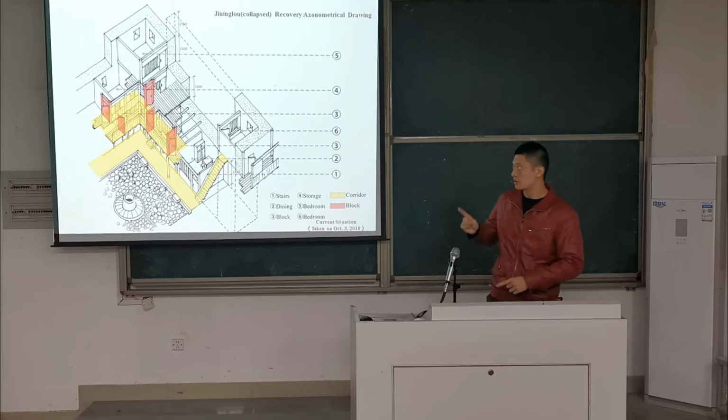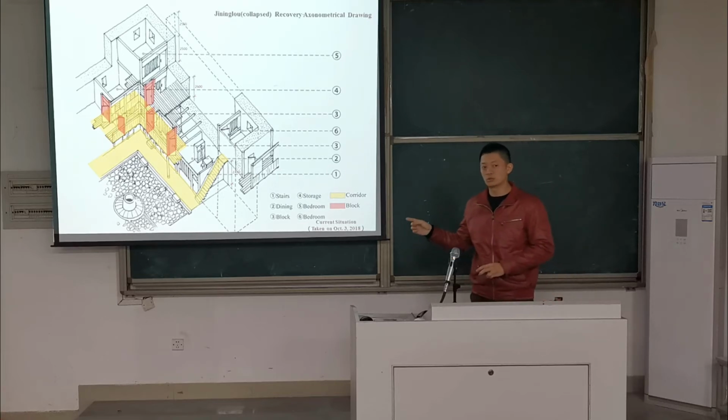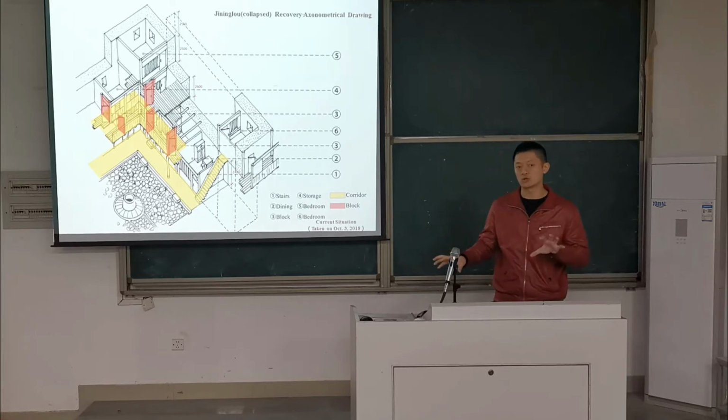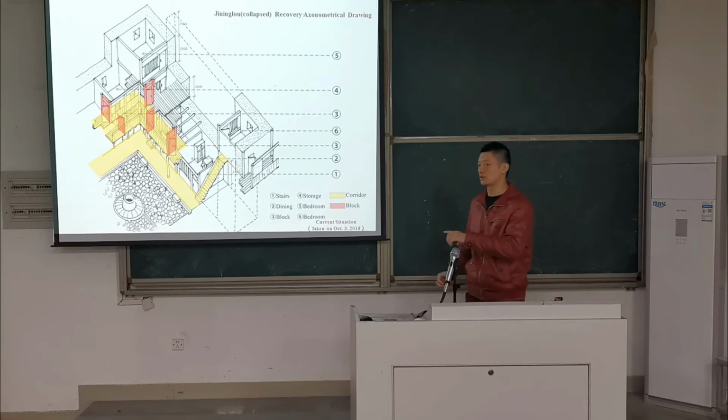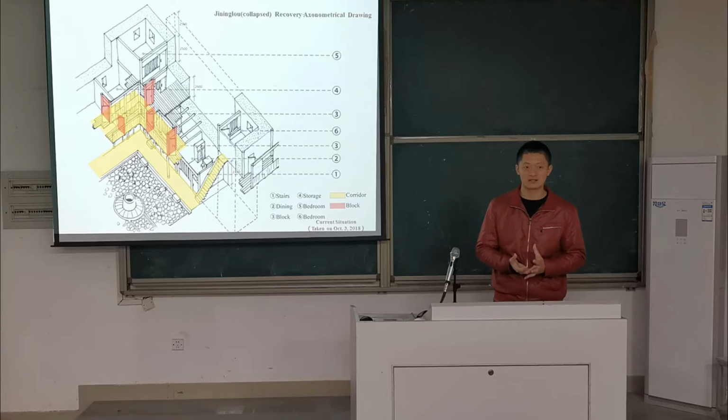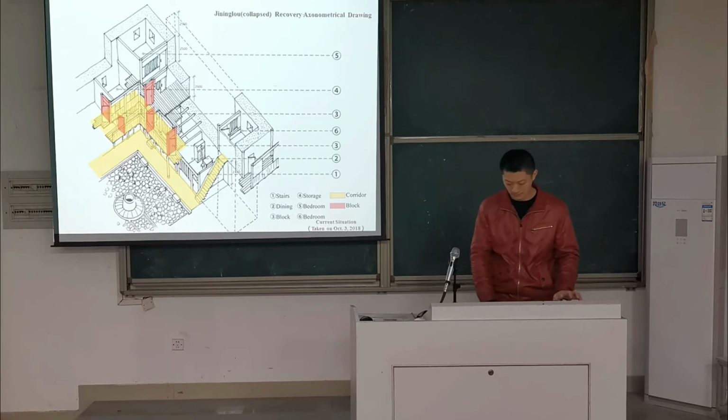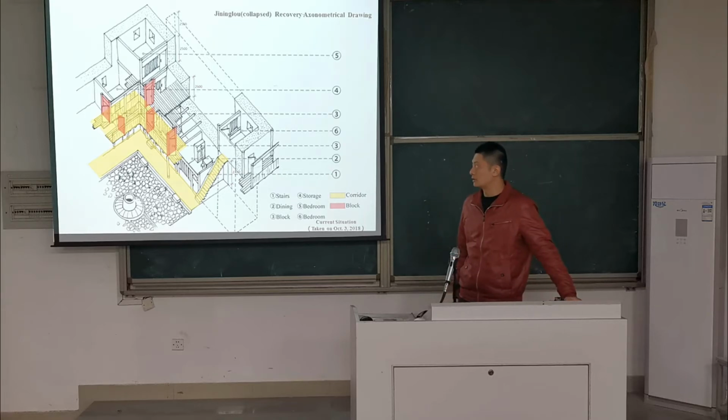So whether this one is a symbol of transition between those two typologies is still a question that we can discuss. And this is also something that I'm really interested in.